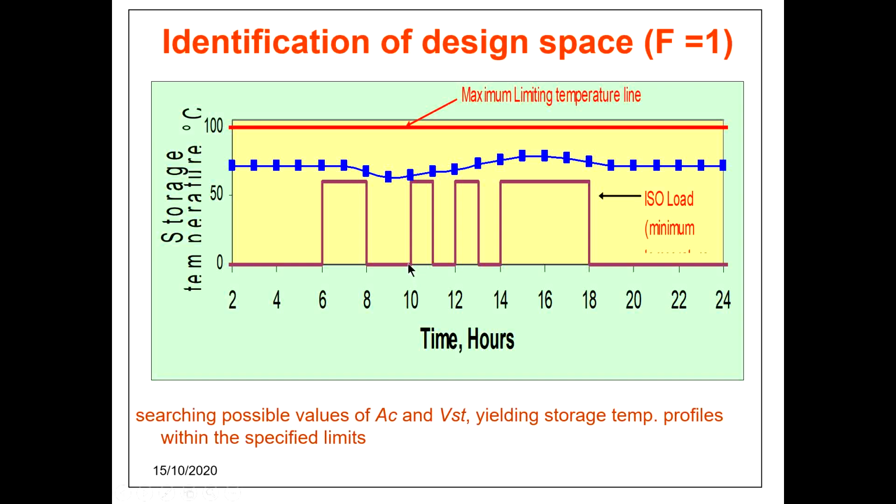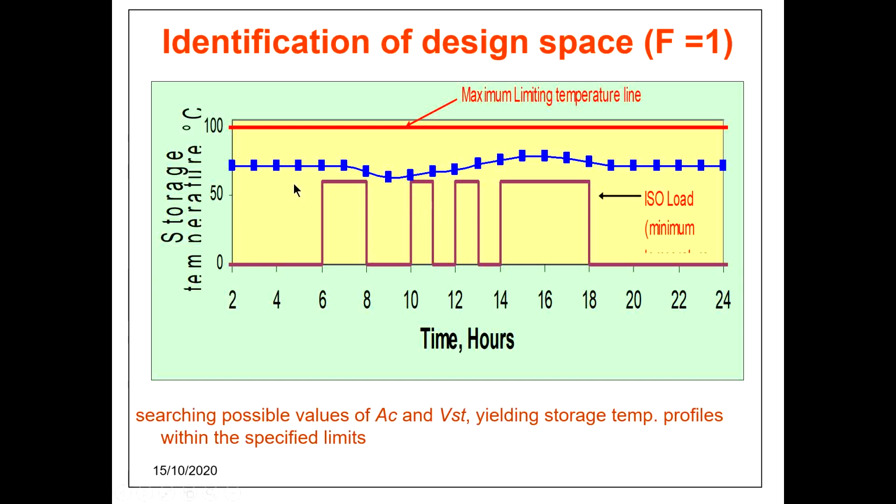Then from 10 o'clock till 11, people use water at 60 degrees Celsius. There is another consumption from 12 o'clock till 1 o'clock, and then in the afternoon from 2 o'clock till evening 6 o'clock, or 18 hours. So this indicates the consumption profile.